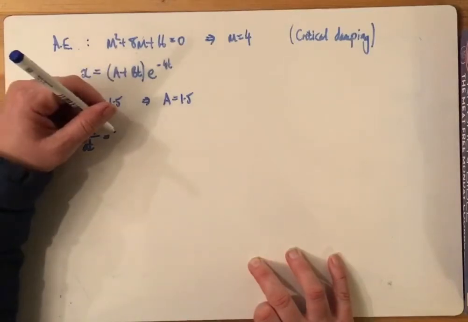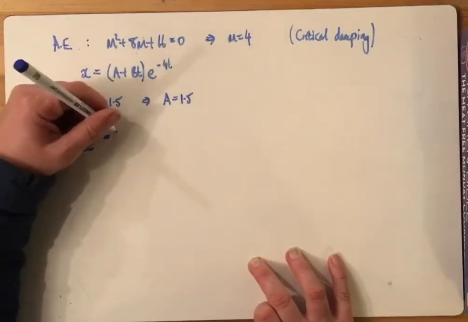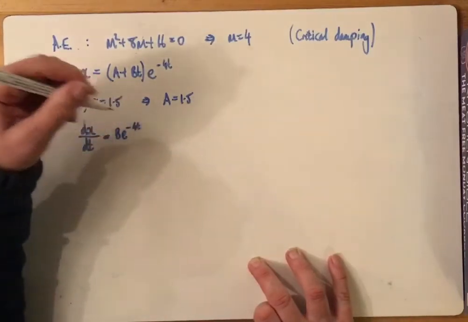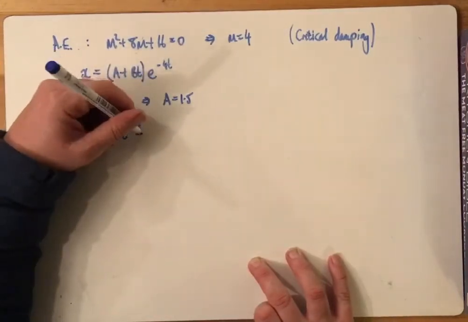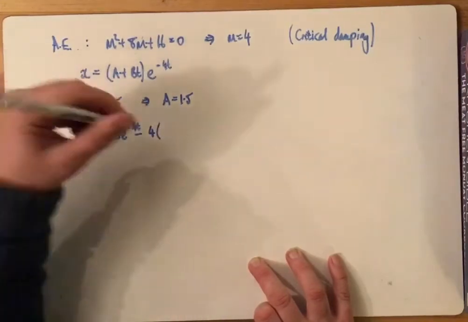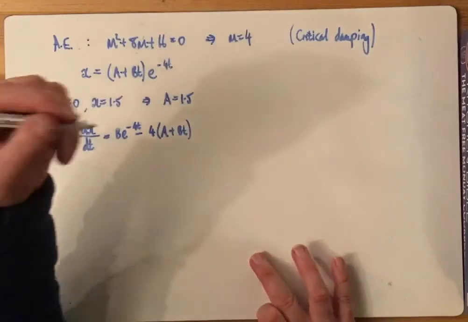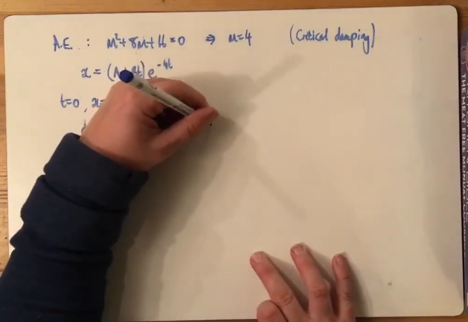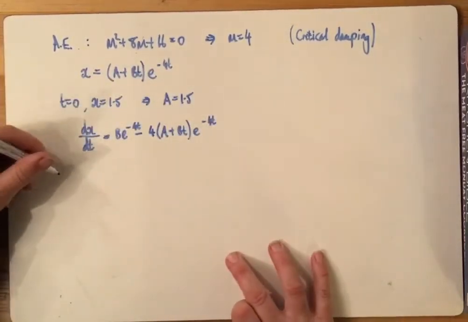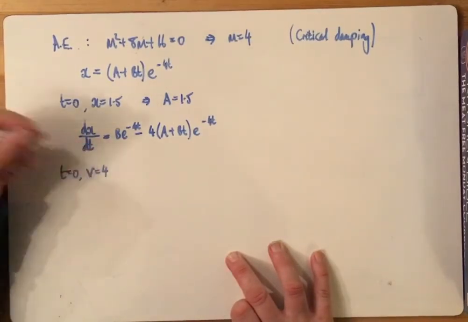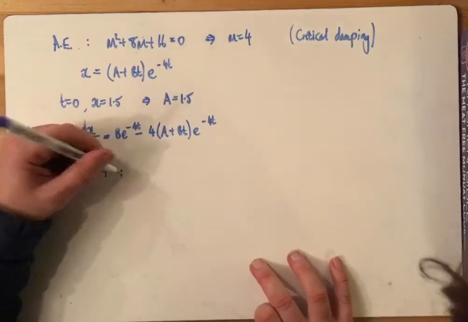So differentiating the bracket, you get b e to the minus 4t, and then minus 4 lots of (a plus bt) e to the minus 4t, and you're told that when t equals 0, v is equal to 4.